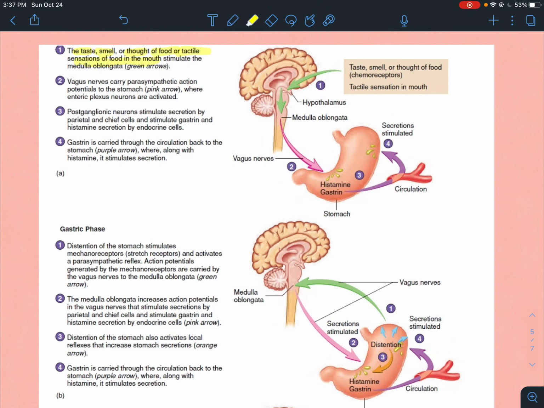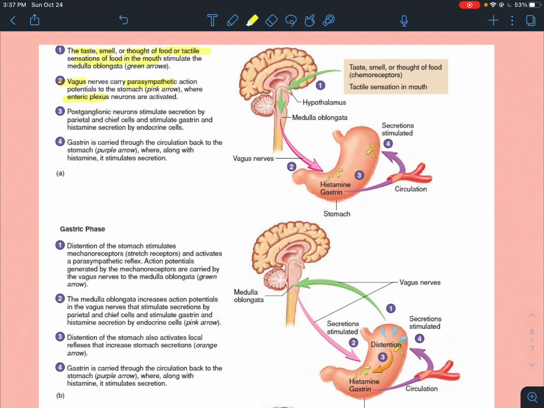The brain, in turn, will send signals via the parasympathetic portion of the nervous system with the vagus nerve towards the enteric plexus, which is the nervous system of the digestive system in the gut.